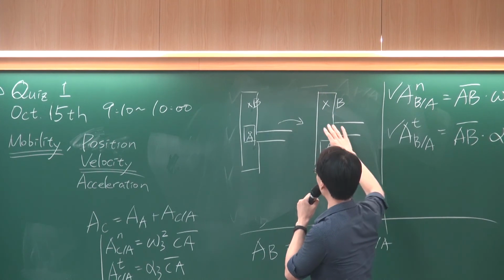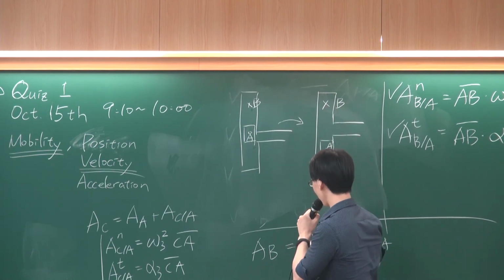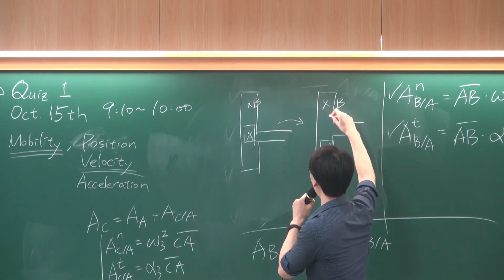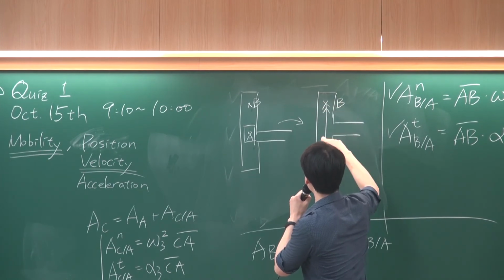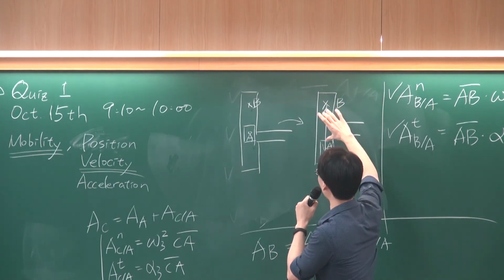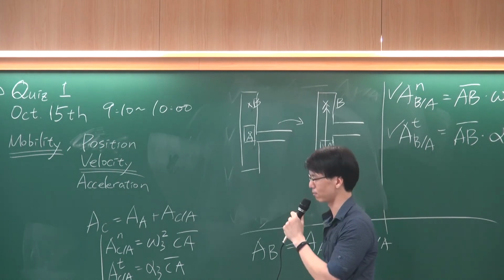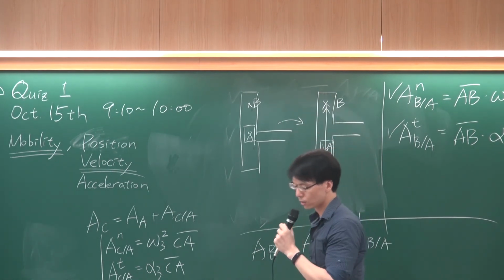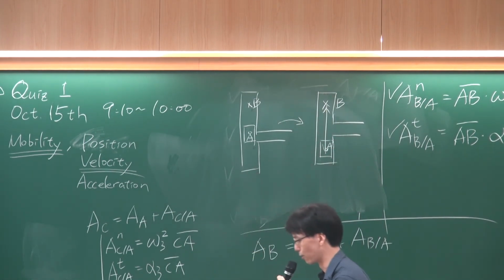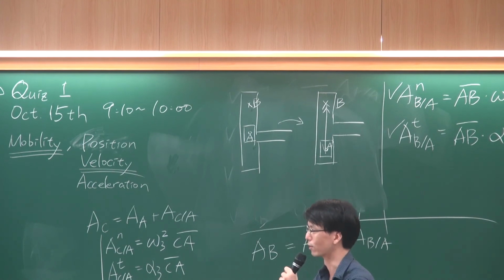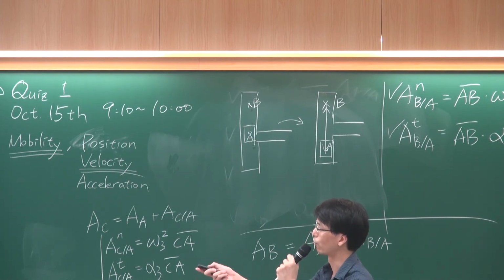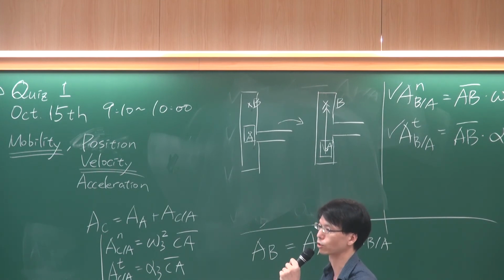But no matter how it moves, the only relative displacement or velocity is always in this direction. It can be further, it can be closer, but it's always in this direction. So the relative position or relative velocity or even acceleration for point A and B is always in the vertical direction.